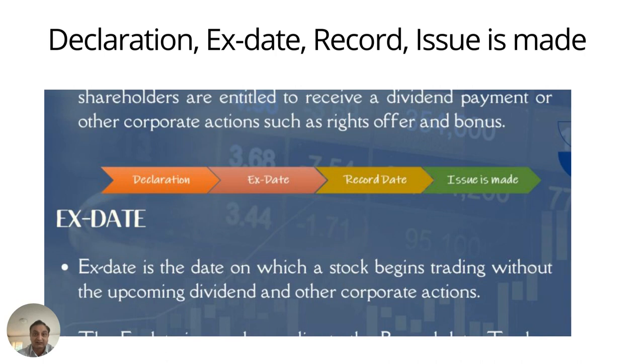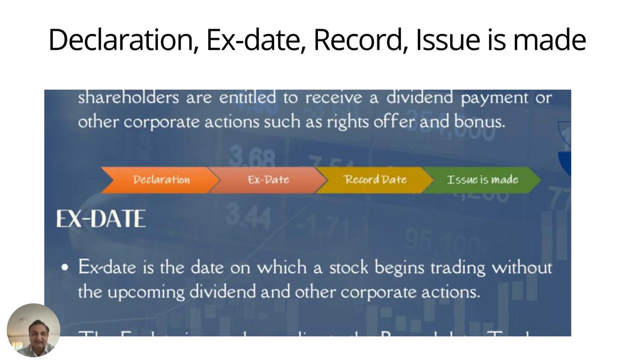That is the record date. If the shares are not in my name on the record date, I will not get the dividends. As simple as that. So you have to buy 2 working days before the record date in order to be entitled to the dividends, bonus shares or rights shares.